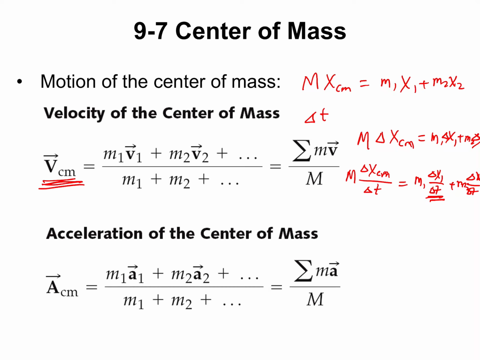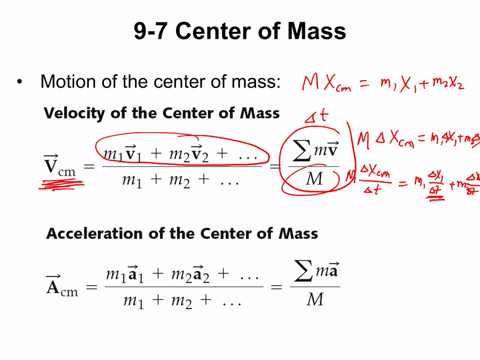So the velocity of the center of mass equals the addition of all the masses times their velocities, divided by the total mass. Same derivation: what's the acceleration of the center of mass? The acceleration equals everybody's acceleration times mass, added all together, over the total mass.